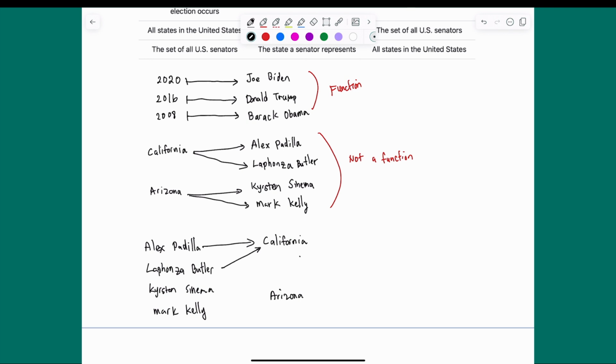So Kyrsten Sinema and Mark Kelly both go to Arizona, and that's okay because each member in the domain corresponds to exactly one member in the range. In other words, you don't see Mark Kelly getting associated with Arizona and also with California. That wouldn't be allowed. And so in that case, this is a function.